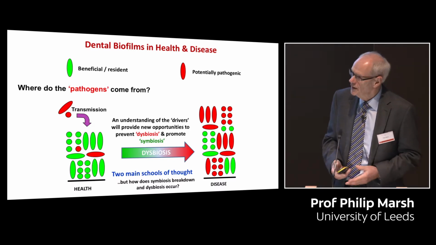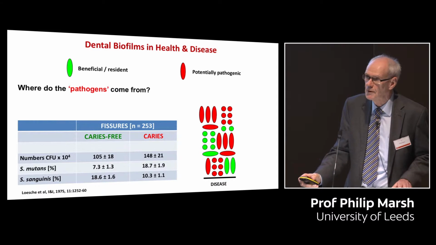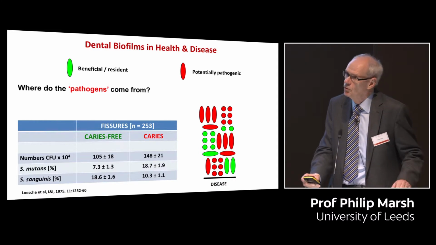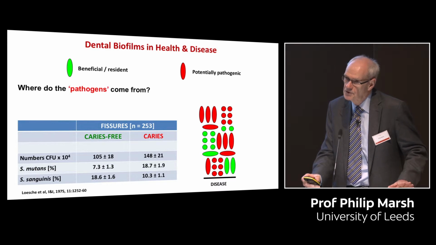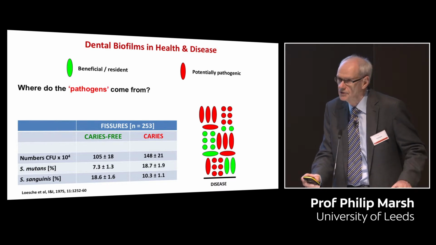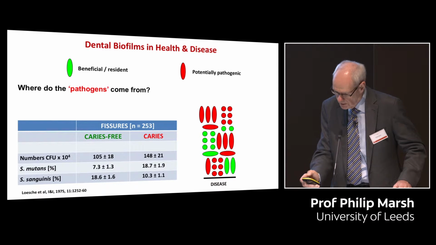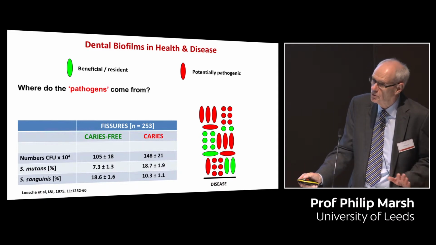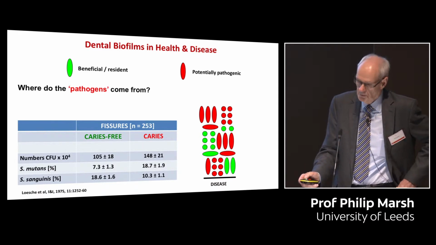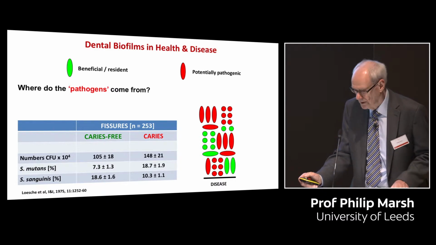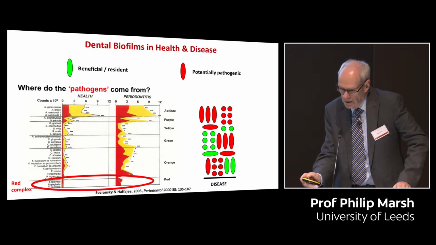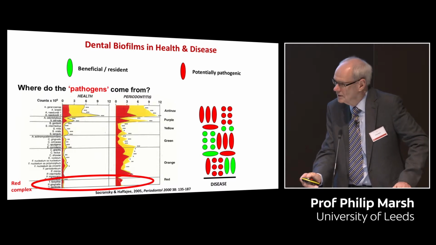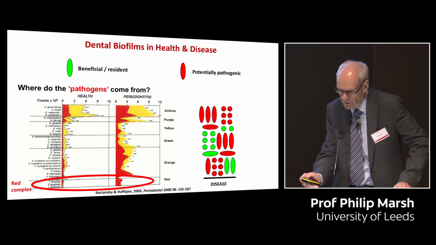So if we look to see where the pathogens come from, generally people always look at the microorganisms you find in disease. But if you also look at the control sites, which are by definition usually disease-free, you can often find the so-called pathogen present in health, but in low numbers. And here we see studies of periodontal disease, where bacteria are shown in the left panel in health and in the right-hand panel in periodontitis.